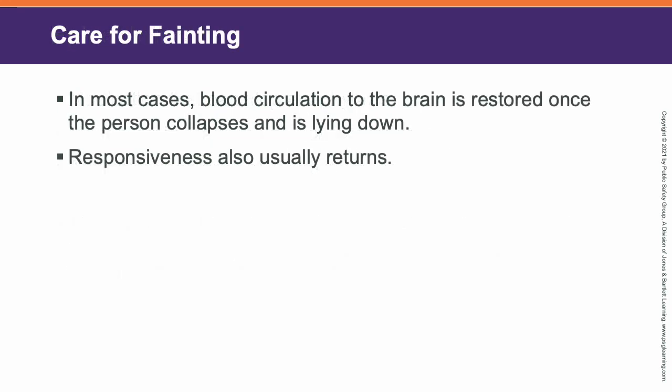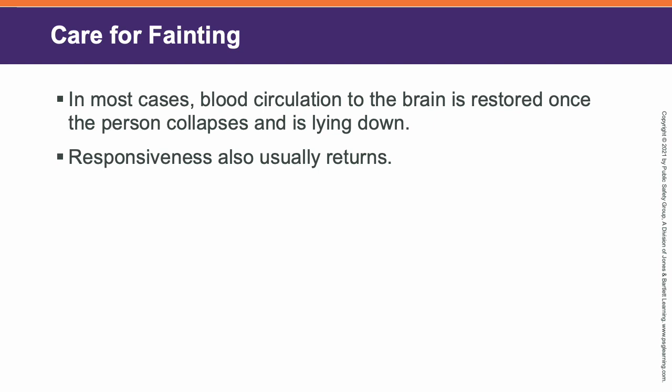All right, just fainting. So fainting or syncope, it's the same thing. Most of the time, fainting by itself is not life-threatening. People can faint for a number of reasons. It can happen for a bunch of different things. Most of the time, when somebody faints, blood circulation to the brain is restored almost immediately, and they come out of it just fine.